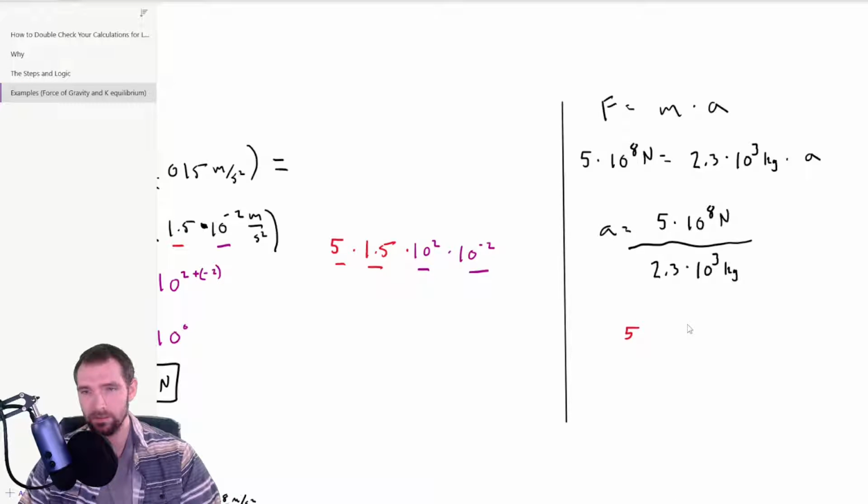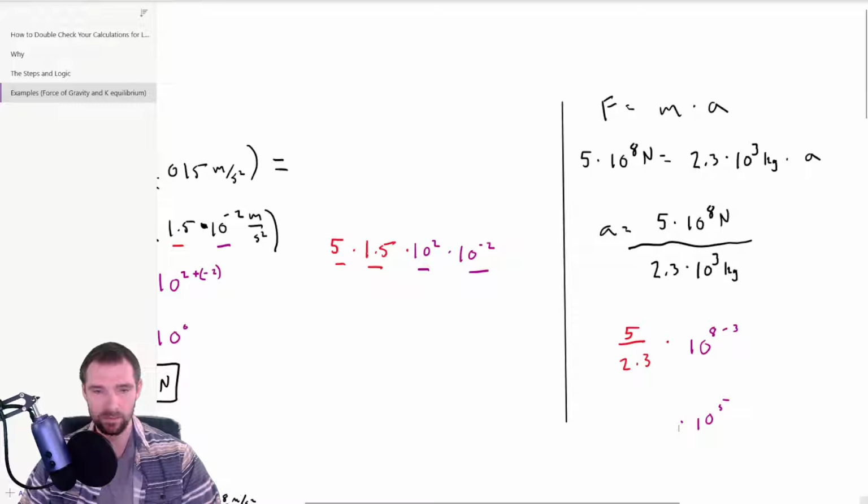You've got the 5 over 2.3, and then you're multiplying that by the 10 up to the 8th power minus the 3. So you've got to know these exponent rules. If you know these exponent rules, it makes these problems pretty easy. So this is 10 up to the fifth power, and that's going to be 5 divided by 2.3.